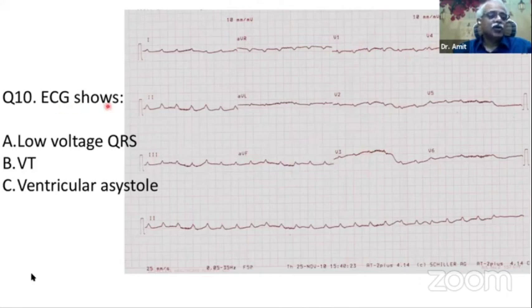The question to you on the ECG is that this shows a very low voltage QRS. Is this a ventricular tachycardia, or is this a ventricular asystole, that there are no QRS complexes at all? And then what would all this be?